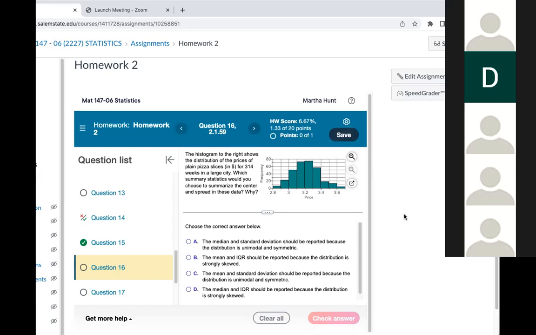Does this look symmetrical, skewed right, skewed left? And we're going to use the word approximate here. Is it approximately symmetrical? Is it profoundly skewed right or profoundly skewed left? What is it?